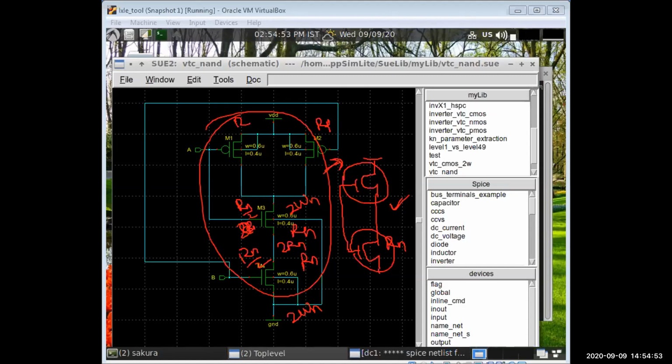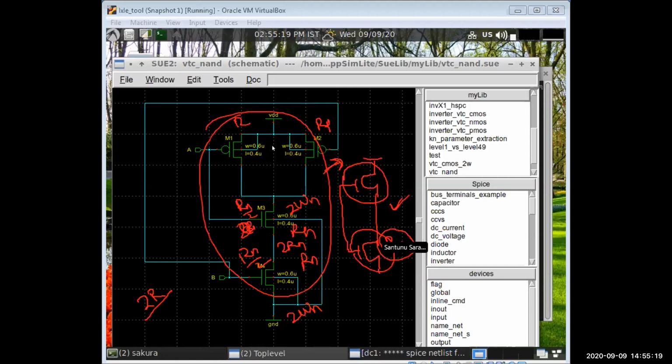If we make it 1, then overall resistance will be 2R. Yes or no? Because this is resistor Rn, this is also Rn. So if we make a single transistor, then it will be 2R. Yes, sir. Okay, but we need to convert this circuit to an inverter. Actually in an inverter this is Rn, only R.